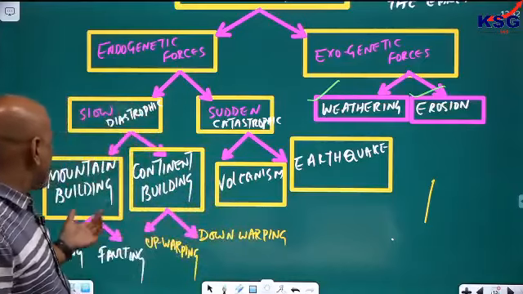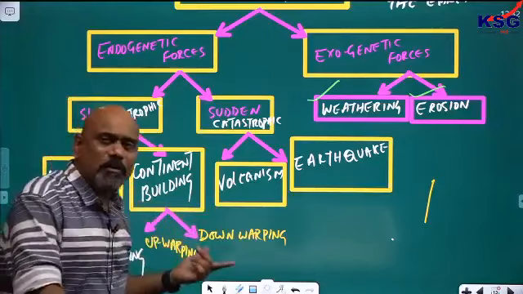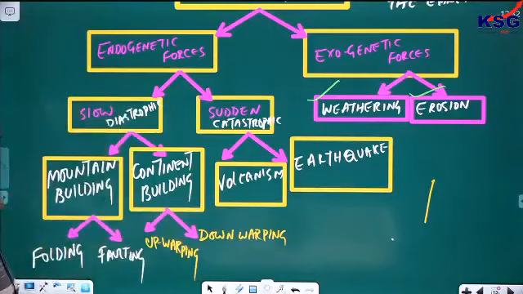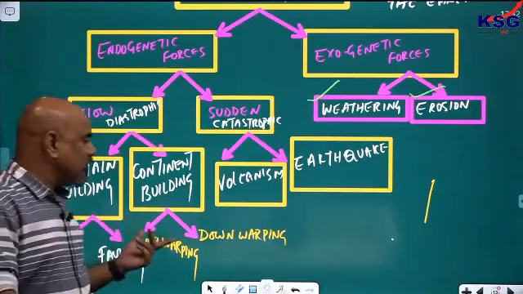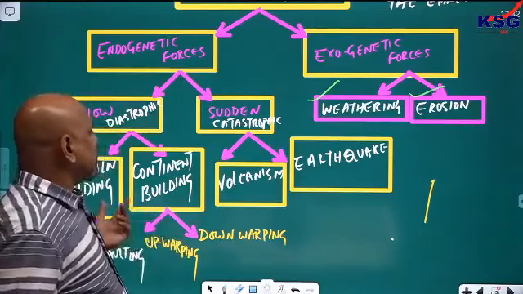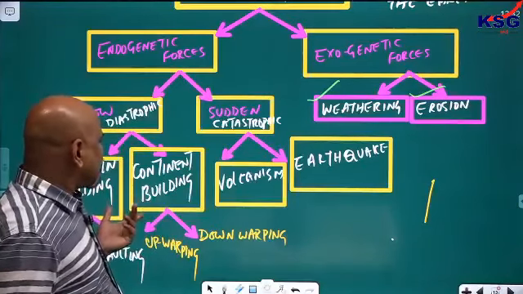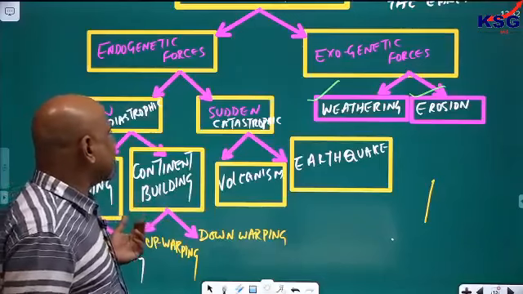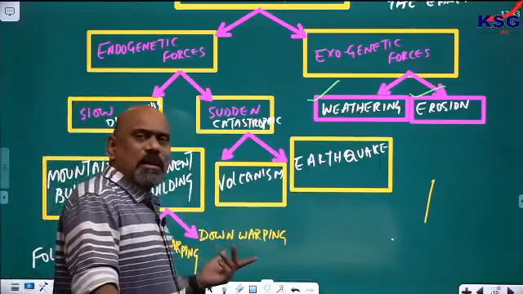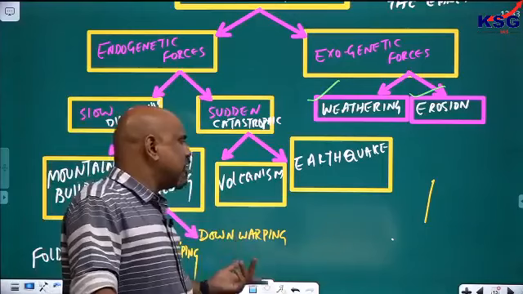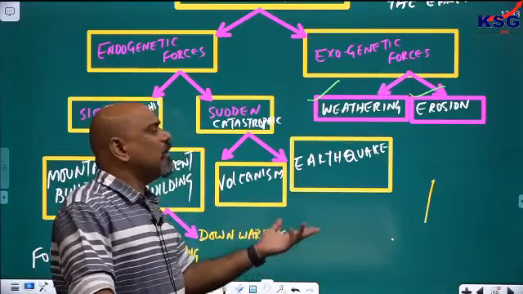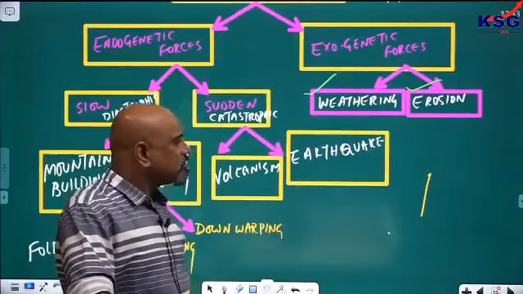Slow forces are of two types: mountain building or continent building. Mountain building can be due to folding or faulting, and continent building due to upwarping and downwarping. Now sudden is catastrophic. Here also volcanism can develop mountain, plateau or plain, and even volcanic earthquakes modify the crust.